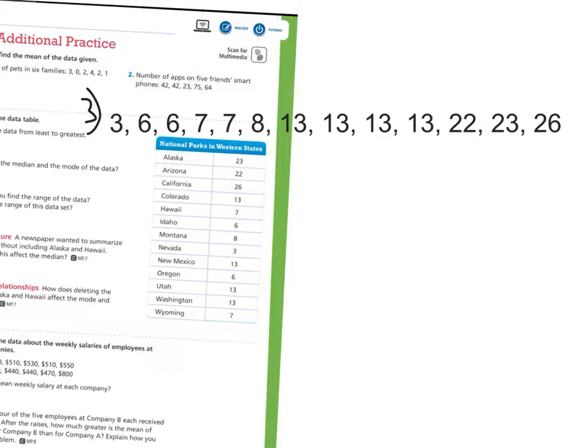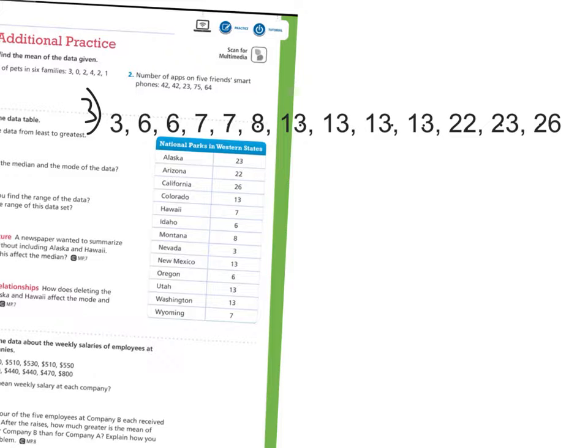The next thing they ask us to do is to find the median and the mode. So we'll need to count up how many different numbers we have. 13 numbers. Okay, so 13 numbers, we have an odd number of numbers, so we do have a definite median here.